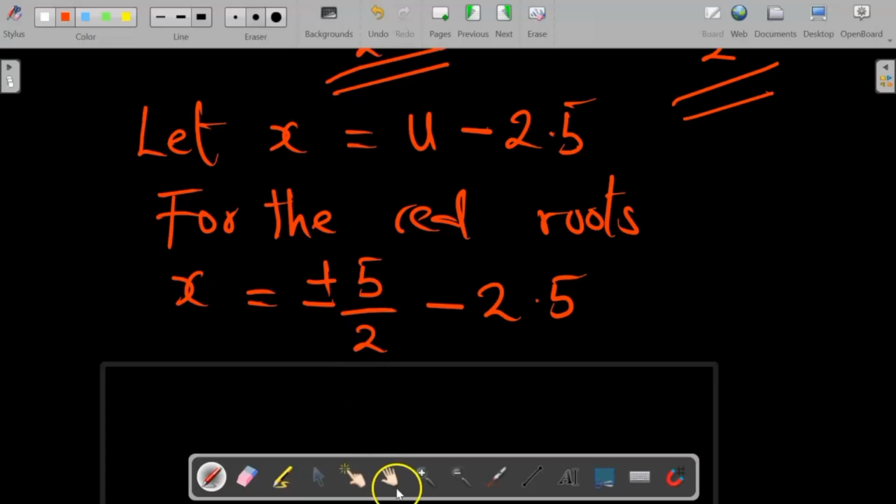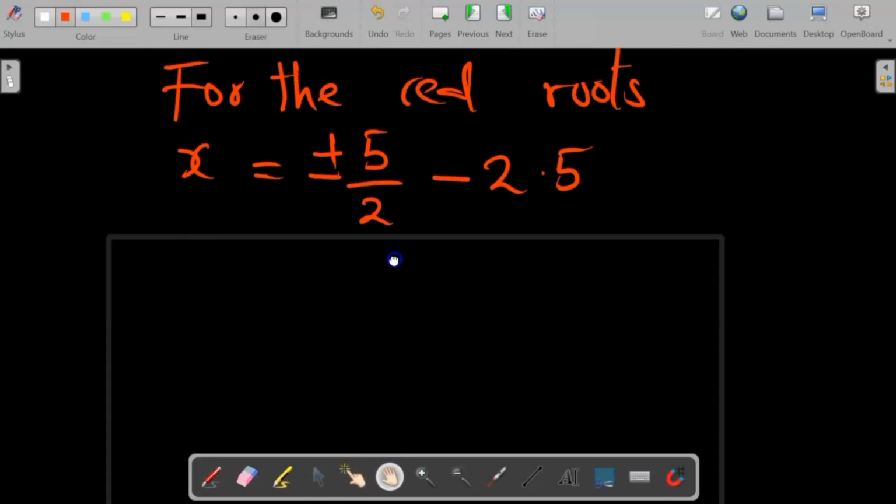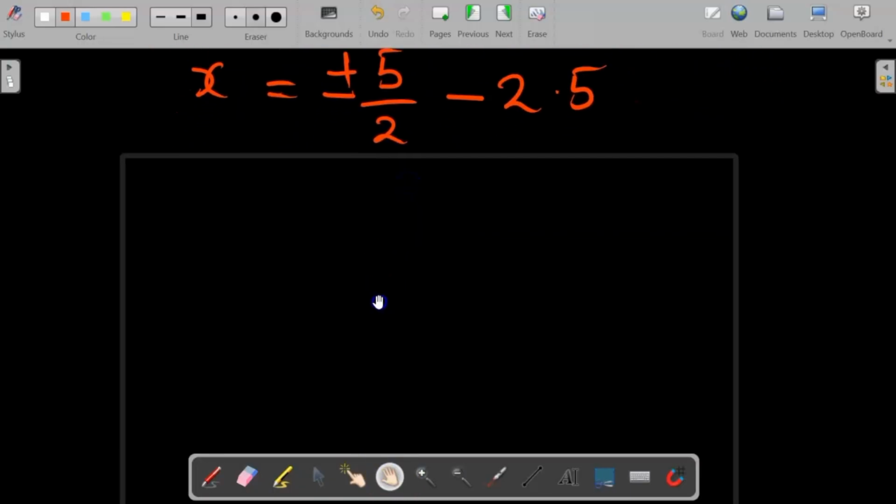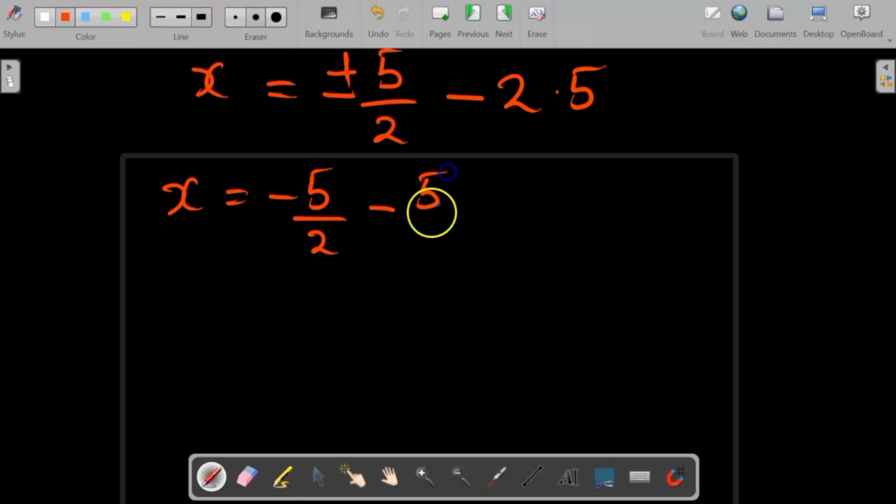So x will be minus 5 over 2 minus 5 over 2.